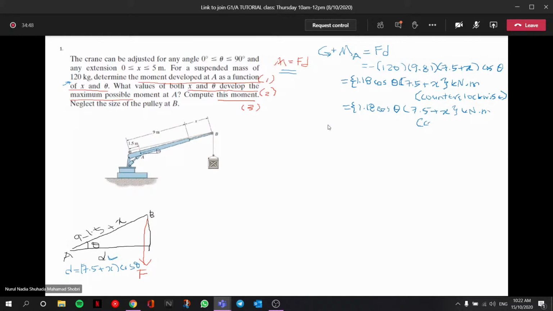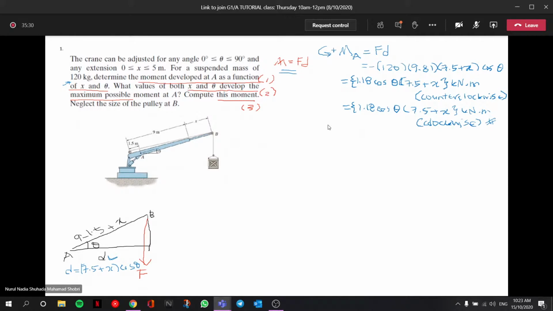So either one is actually correct, but you have to define which direction for it to be correct. So in this case, counterclockwise is negative 1.18 cos theta 7.5 plus x kilonewton meter, and clockwise direction is positive 1.18 cos theta 7.5 plus x kilonewton meter. So for the first part, this is the answer because it asks us to find the moment as a function of x and theta. So you guys don't have to find the value of them yet.